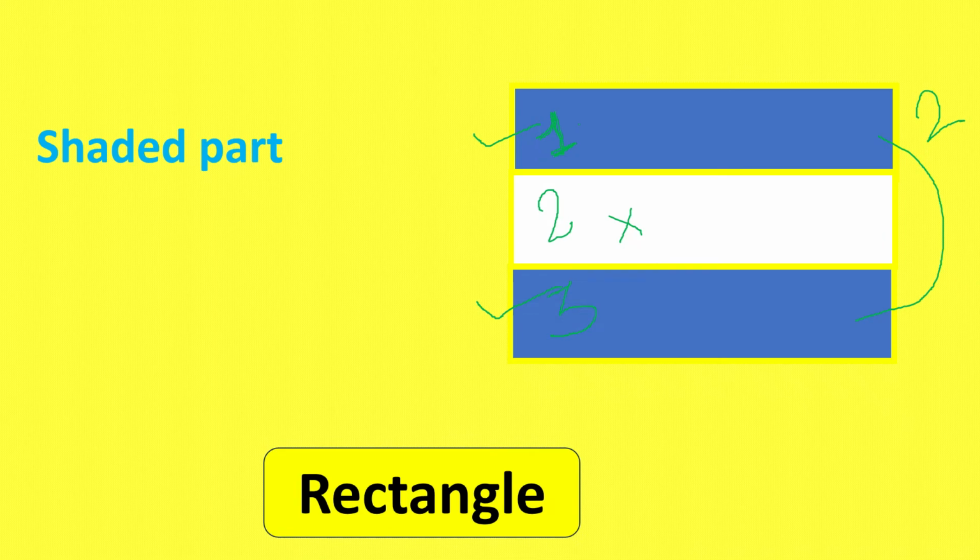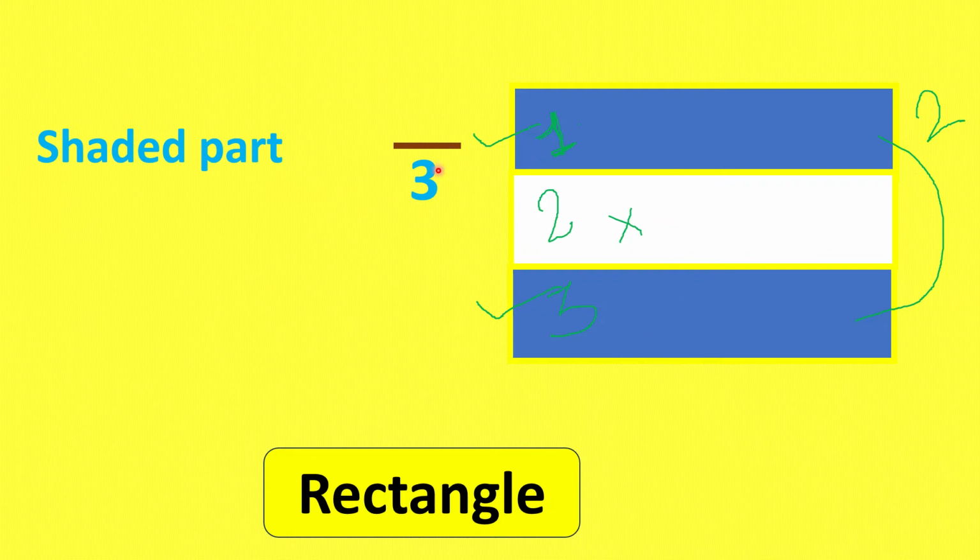So how do we denote the shaded part over here? First of all, for the division, when we divide it, we use the slippy line here, and after that, how many parts do we make of the rectangle? We make three parts: first part, second part, third part.